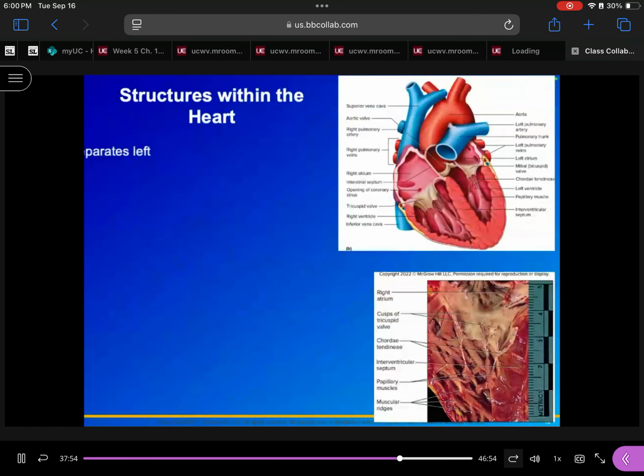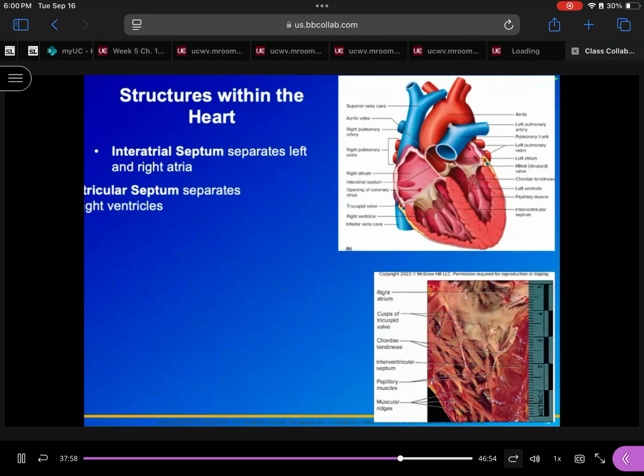All right. So looking at structures within the heart, we have the interatrial septum and the interventricular septum. Intra means within, inter means between. So where is the interatrial septum going to be? Separating the right and left atrium.